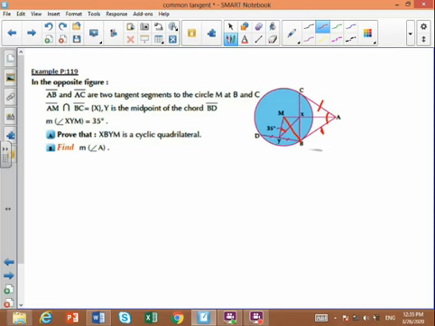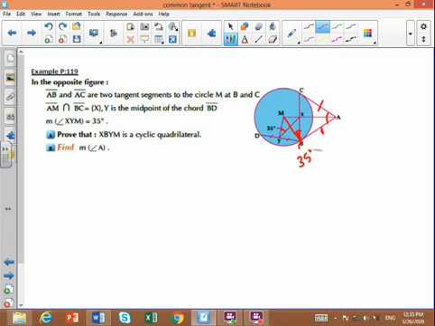MYX. Excellent, XBM equals MYX because this is a cyclic quadrilateral. I have just proved this a cyclic quadrilateral. Then these two angles are equal, common base MX. So this small angle equals 35 degrees, this one.